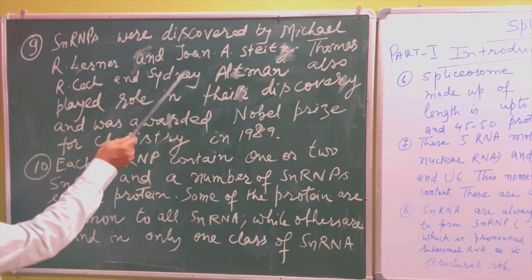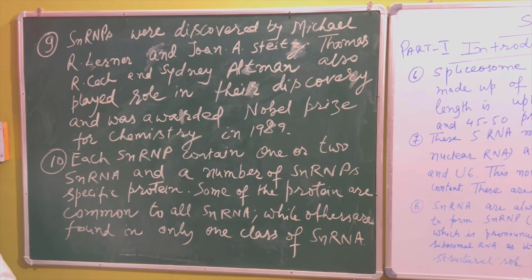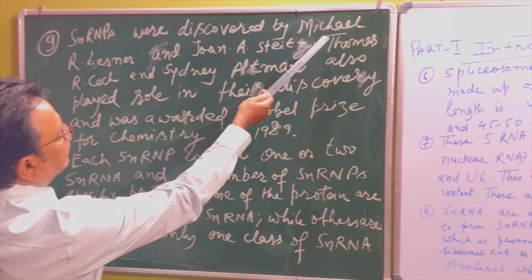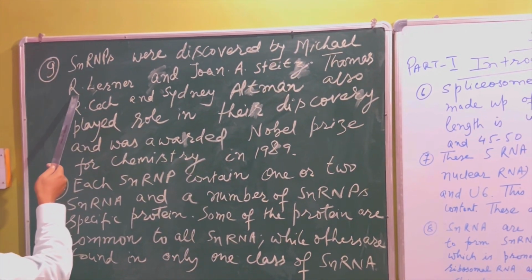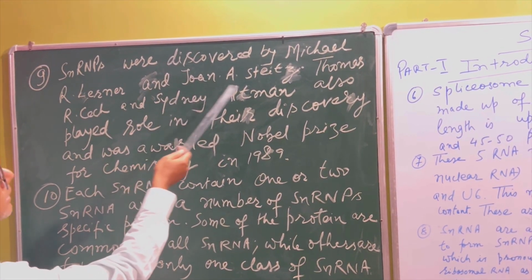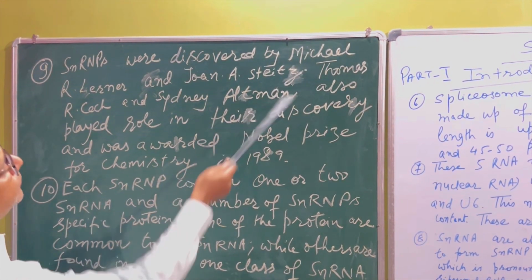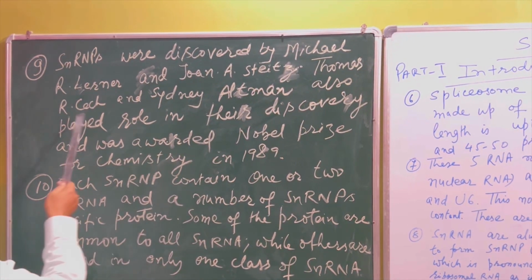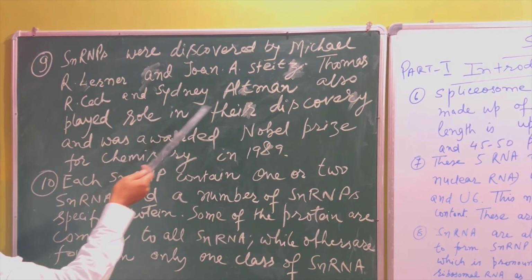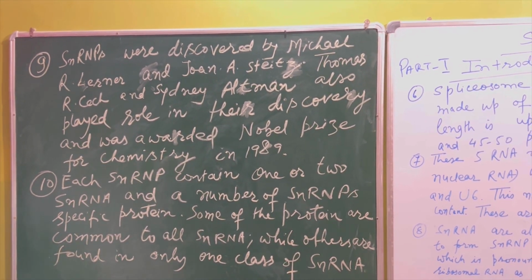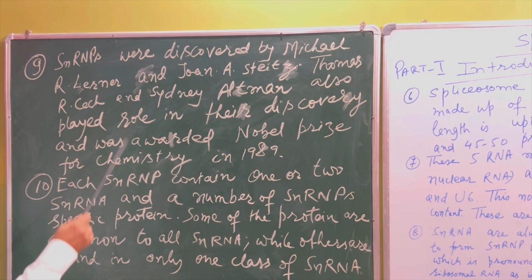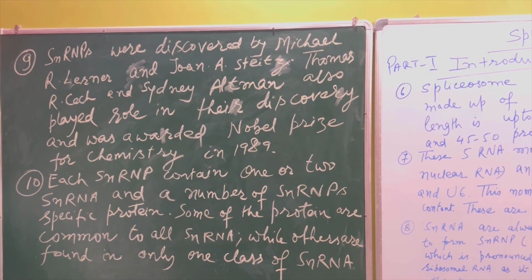Just as a glance for history, I want to tell you that it was first discovered by Michael R. Lerner and Joan A. Steitz. Later on, Thomas R. Cech and Sidney Altman also played a very great role in their discovery and function.